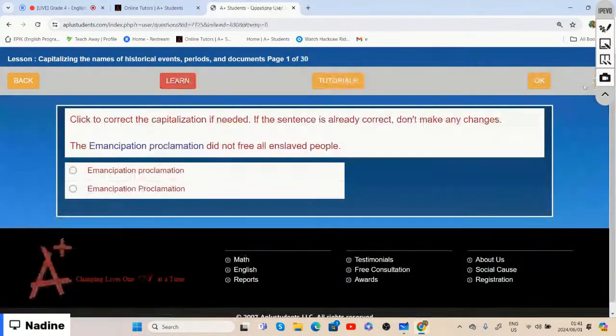where we're going to click to correct the capitalization if needed, right? The Emancipation Proclamation. The Emancipation Proclamation did not free all enslaved people. How are we going to write that word? Emancipation Proclamation. It says it did not free all enslaved people.